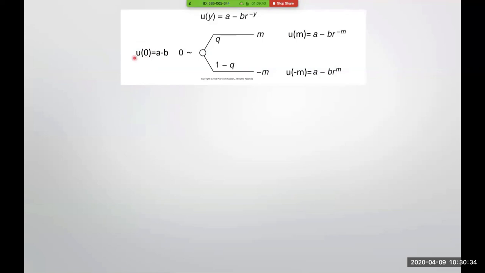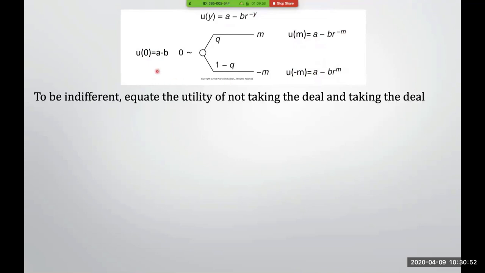Over here, U of 0. Over here, U of M is just plugging in M to this utility function, and U of negative M is just plugging the negative M term into Y, which gives you this expression. And we're looking at an indifference relationship.